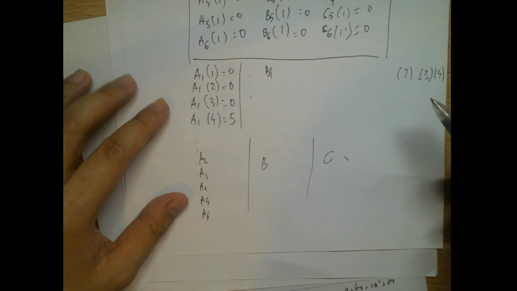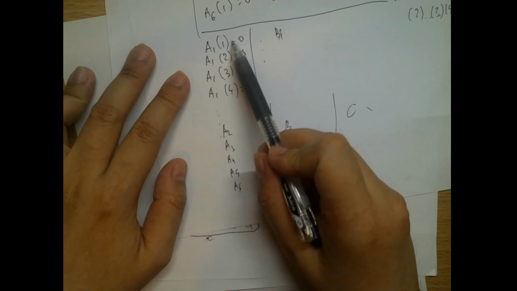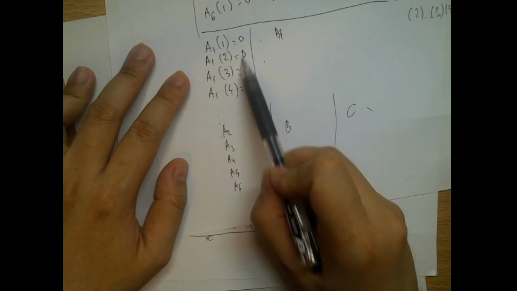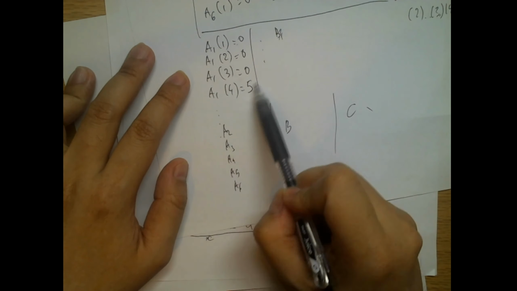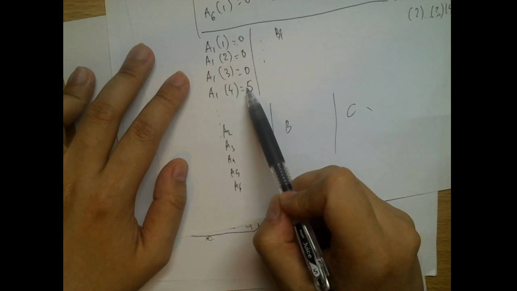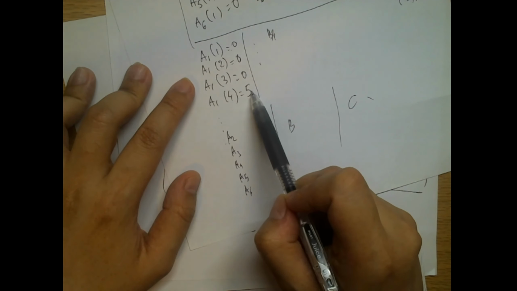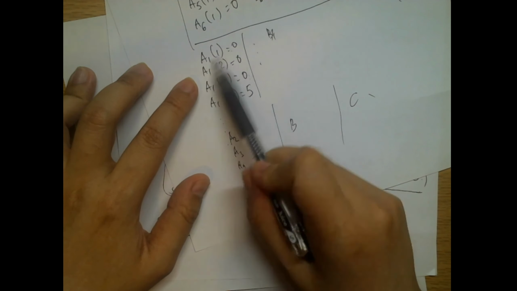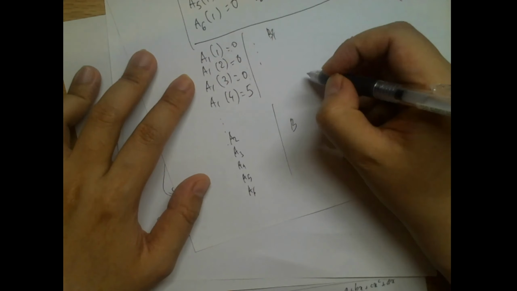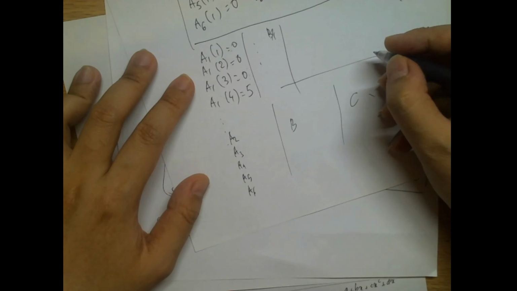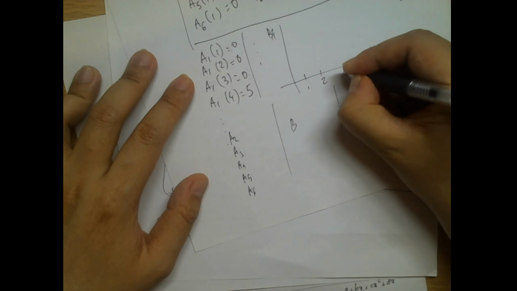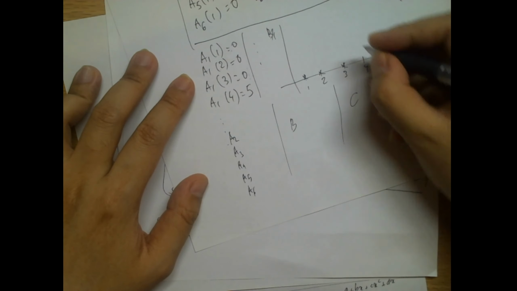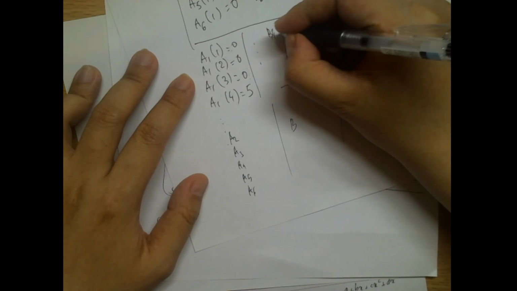Right? So if you have a polynomial of degree 3, and you know the value at these 4 points, this determines a cubic. There's only one polynomial of degree 3 that goes exactly through these points. So if we're looking at the guy here, we have 1, 2, 3, 4, and it has to be 0, 0, 0, and then 5.